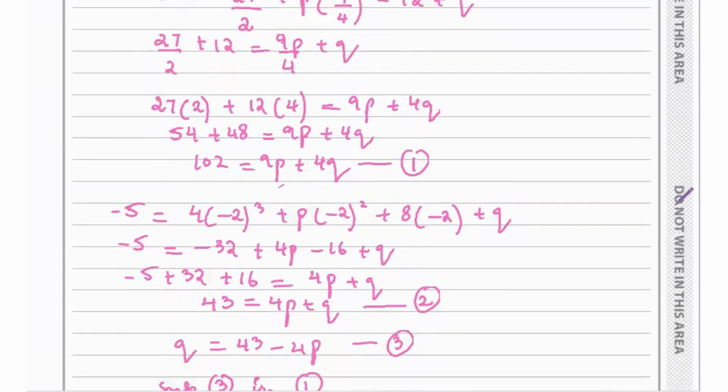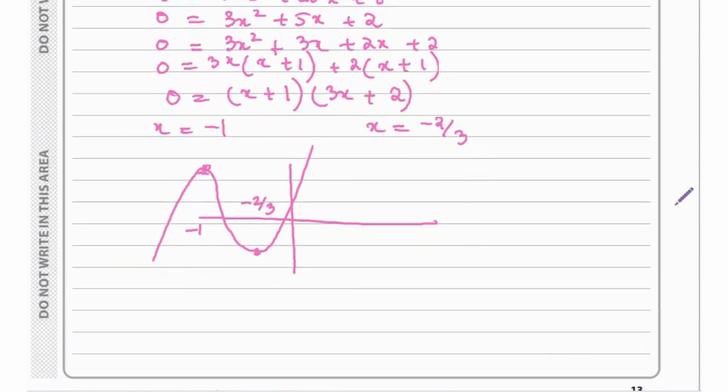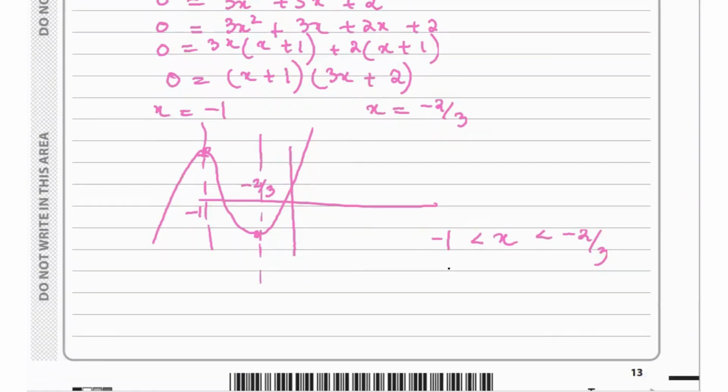So we can see that the function is decreasing in this part, over here and over here. So in this region from negative 1 to negative 2 over 3. So the function is decreasing when x is less than -2/3 and when it's greater than -1. That's when the function is decreasing. That's your answer.